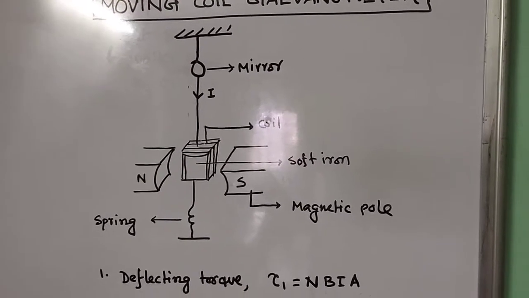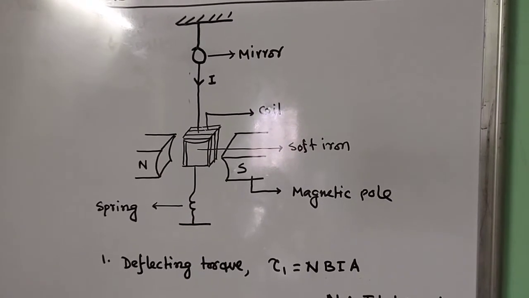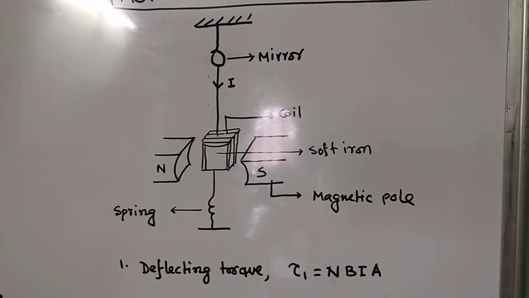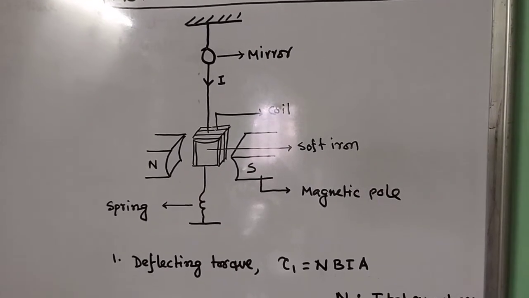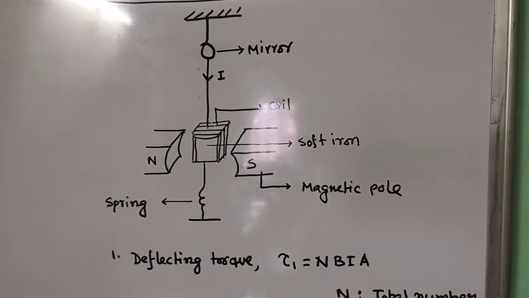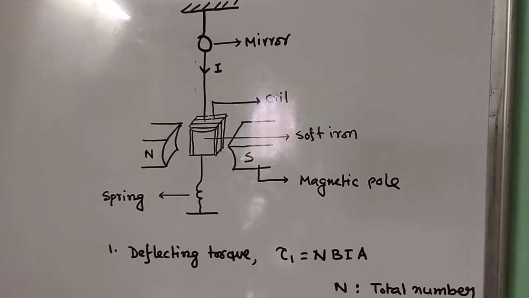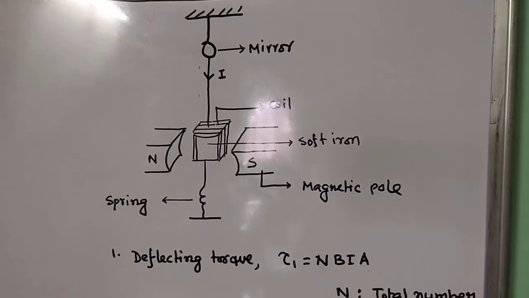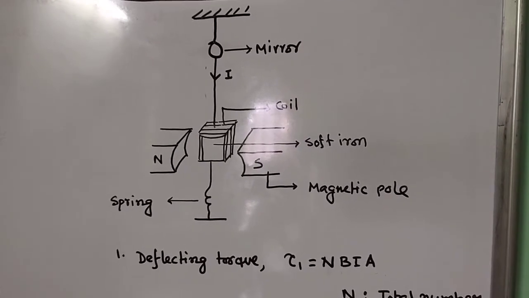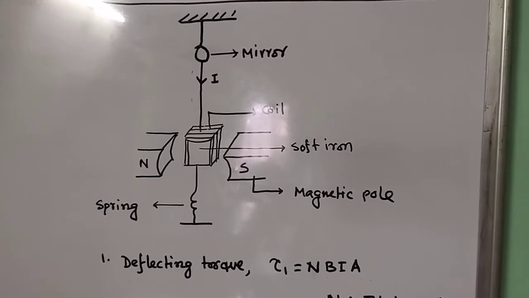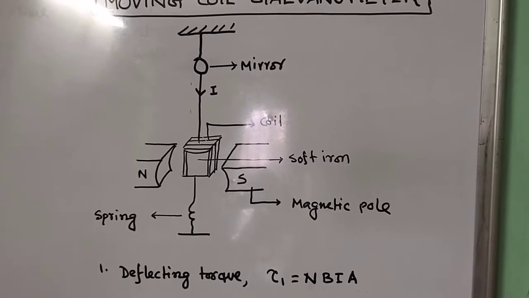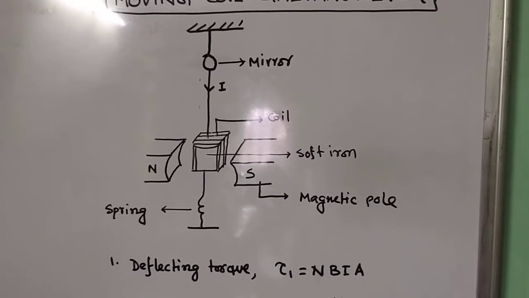Now this twist will try to bring back the coil to its own position. So one is your deflecting torque and another one is your restoring torque. Deflecting torque will try to rotate the coil, and restoring torque will try to bring the coil back to its position. And this restoring torque is due to the spring, or due to the twist experienced by the spring.